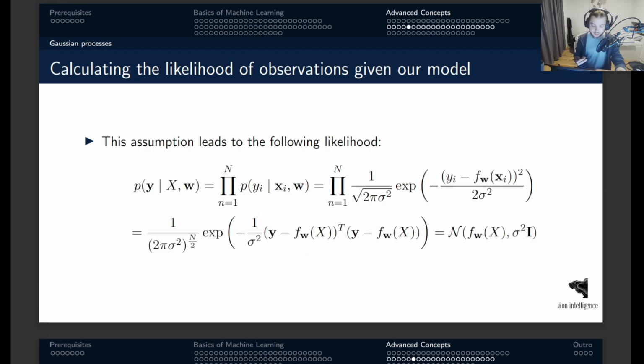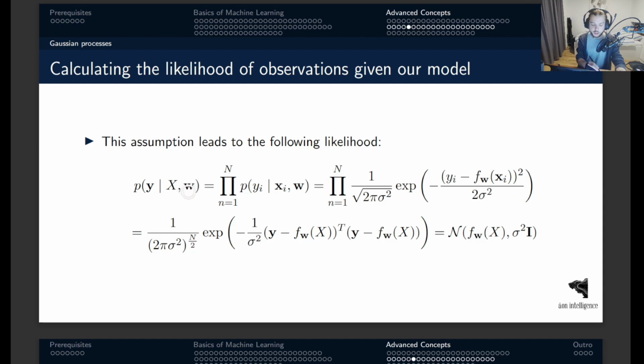And now, having made these assumptions, let's calculate the likelihood of our observations given our model. So we have the density of our true labels, y, given the realization of our observations x and the realization of our parameter vector w. So in this scenario, it's a random variable.